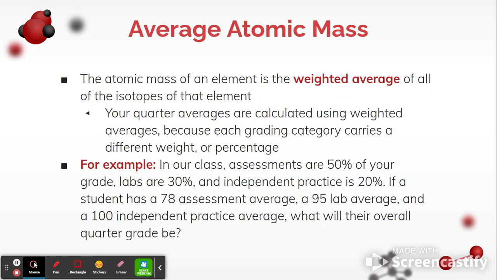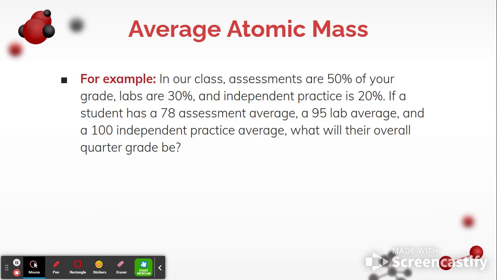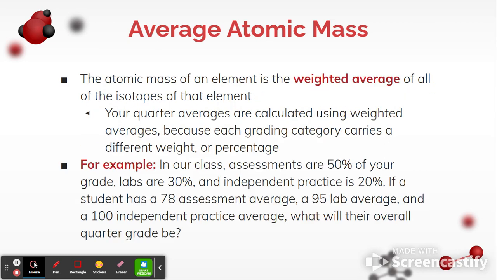An analogy you can develop between average atomic mass and something you may be more familiar with is grade point average. In your class, assessments, homeworks, and labs may all have different weights.